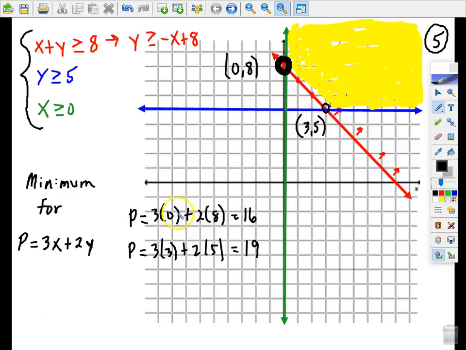So obviously the ordered pair or vertex that minimizes the given function is the point 0, 8. So I've identified that as our minimum, and the minimum value is 16. All right, so that should be your solution to number 5.